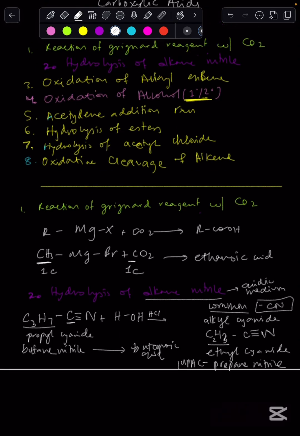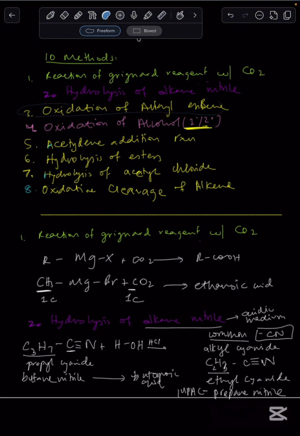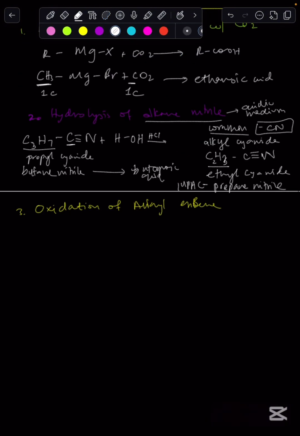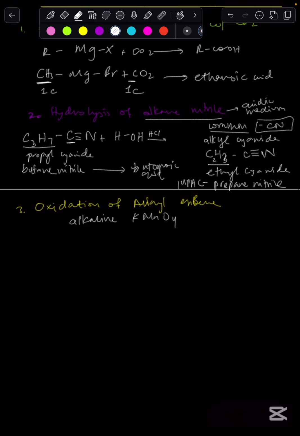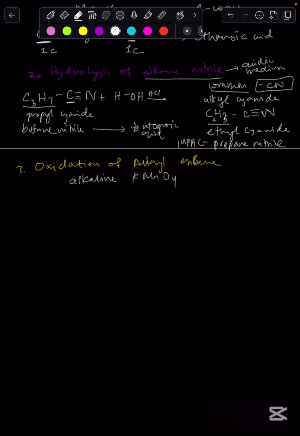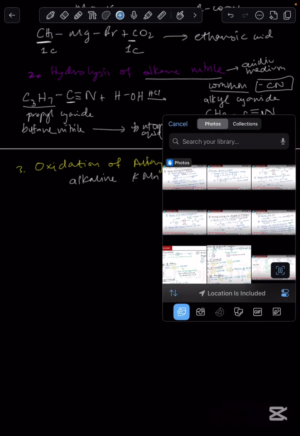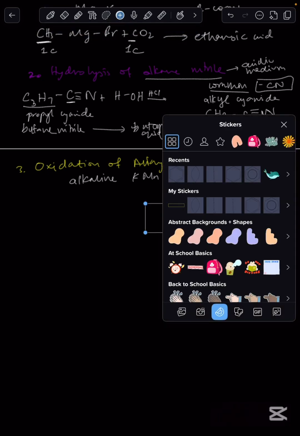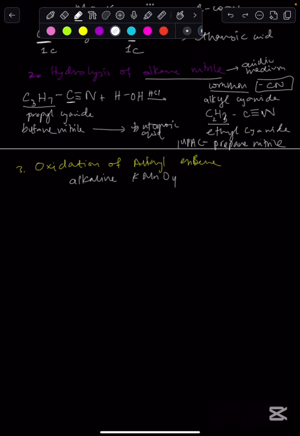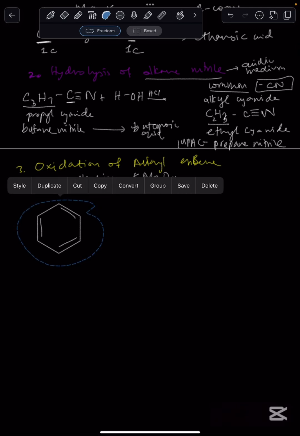Now moving on, we see the oxidation of alkyl benzene. How does it occur? It occurs in the presence of alkaline potassium permanganate. So if we take a benzene ring over here, we will see it also.